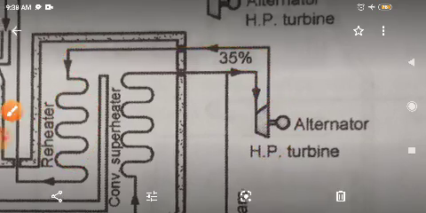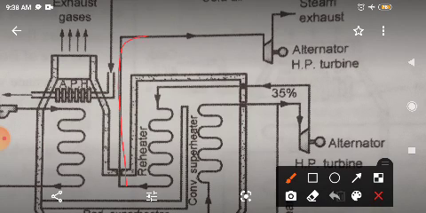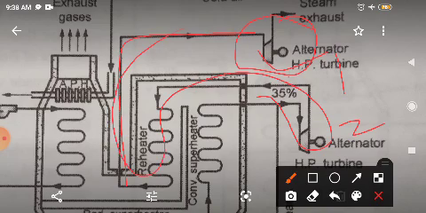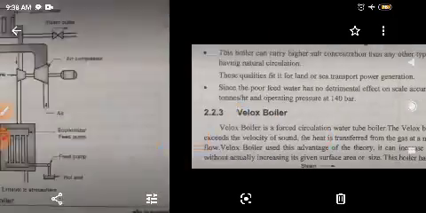After reheating, it is again supplied to the next high pressure boiler. Here are two turbines, this is turbine 1, and this one is the second, a high pressure turbine. Therefore this is the construction and working of the Loeffler boiler.